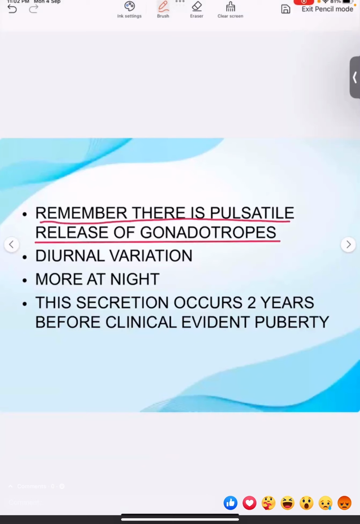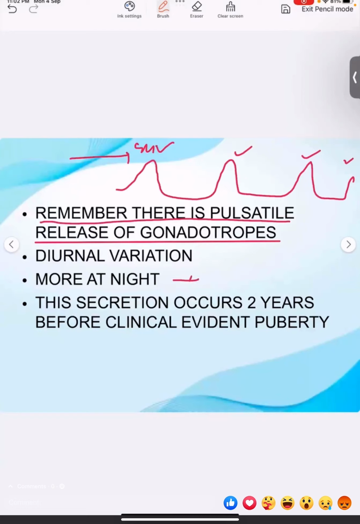See here, this is the time she is 9 years, there is pulsatile release of the gonadotropin hormones like this, which are responsible for the normal puberty. Okay, when there is continuous high release of gonadotropin releasing hormone, it is not going to produce puberty. Okay, clear?